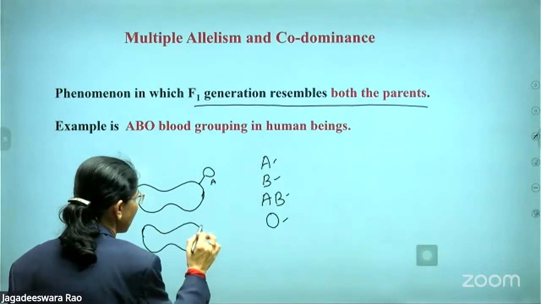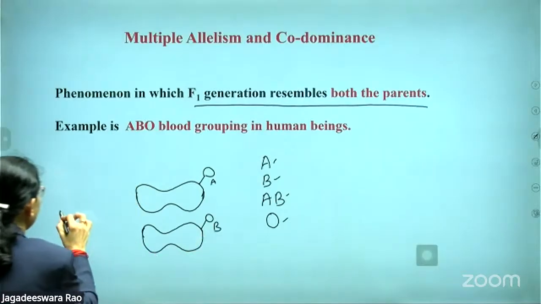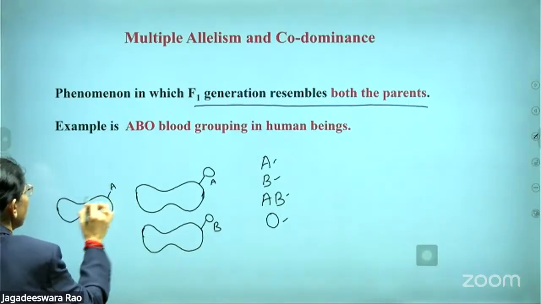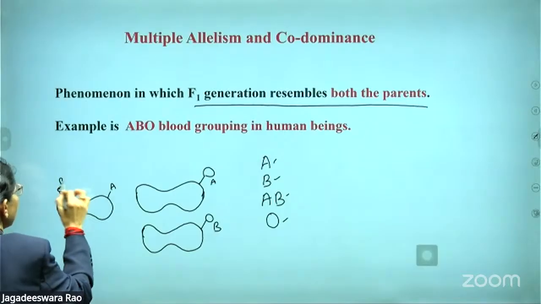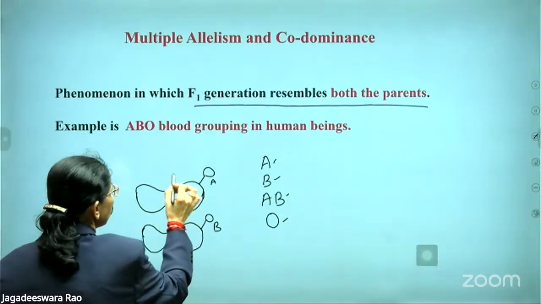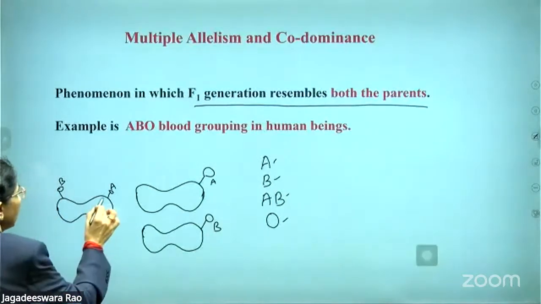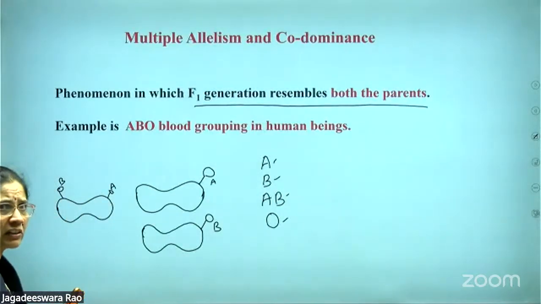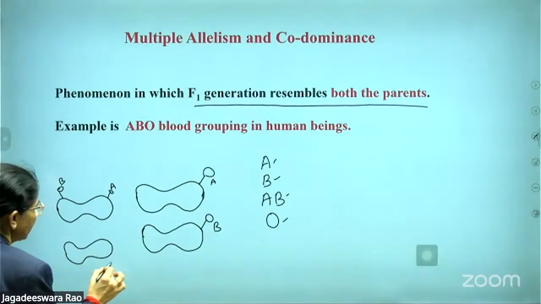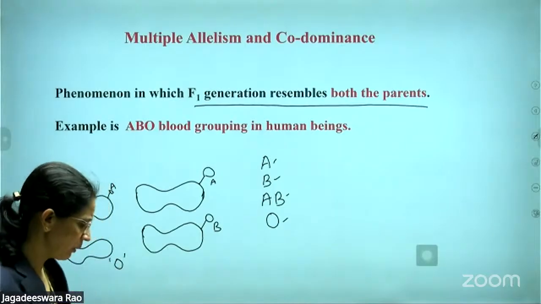In another person's RBC, there is a sugar polymer called B. And in another person's blood, the RBC carries two sugars, sugar A and sugar B. This is the AB blood group. So if sugar polymer A is there, it is blood group A; if sugar polymer B is there, it is blood group B; if A and B both are present, it is blood group AB. If no sugar polymer is present, then it is blood group O. This much you know, right? In first year you have studied about this.